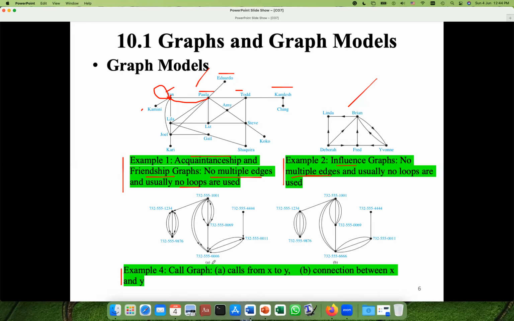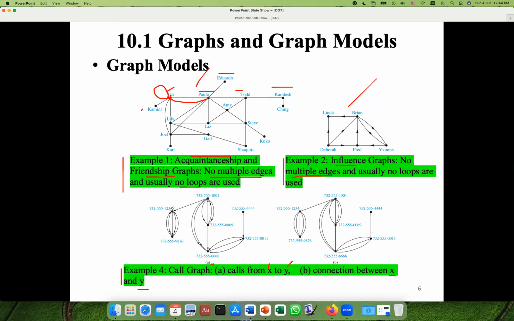First is the diagram A, calls from X to Y, calls from one number to another number Y. Then we have another graph B, connection between X and Y. The other graph only shows how these two numbers have a connection at some point. They connect with each other, not any other information. But this graph shows which number X is calling which number, because the direction is there.